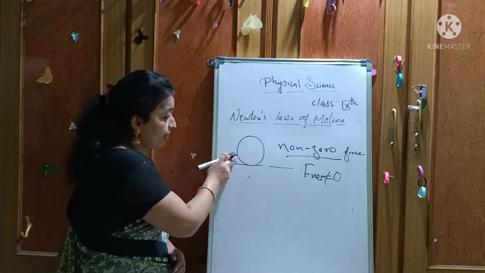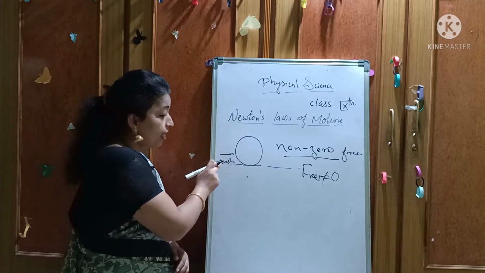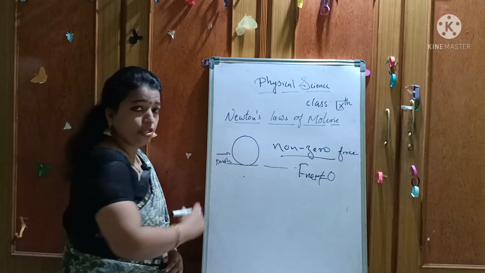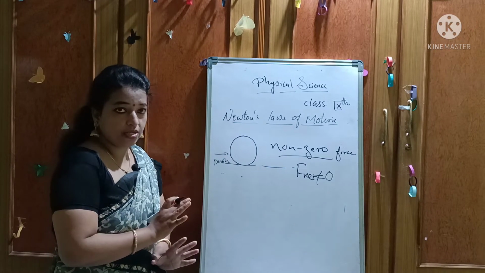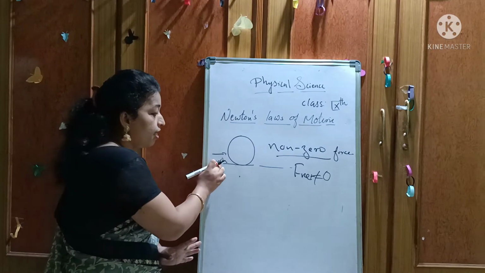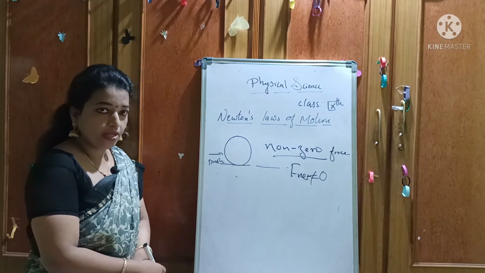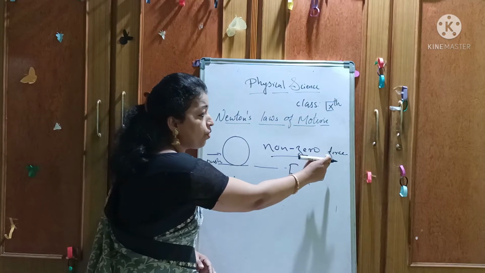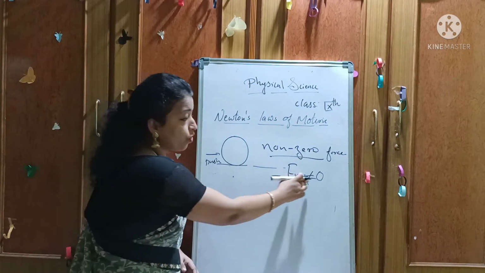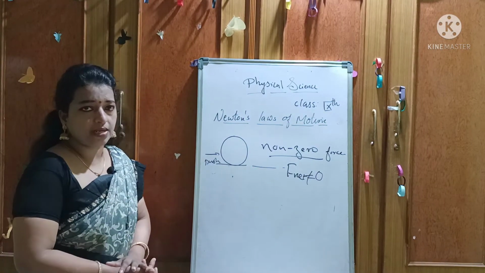So here I am giving a non-zero net force. Here my net force is not equal to 0. It has some magnitude. That's why the body got acceleration. So that is non-zero force. The net force should not be equal to 0; some amount should be there.